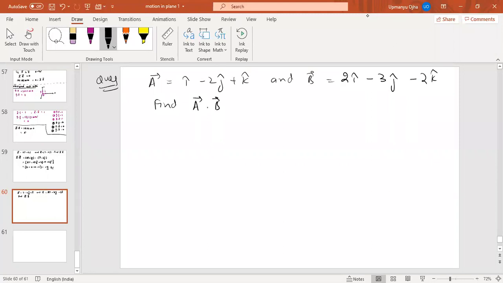The angle I will tell you. Just understand how to find the dot product. I will tell you everything. You need to be patient.